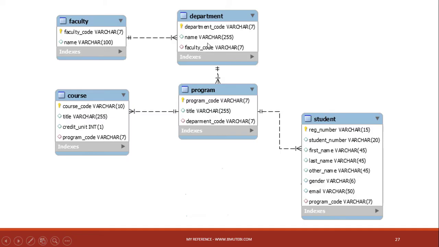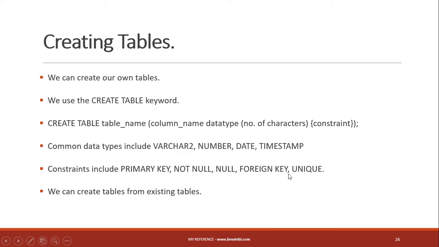For example, I have the Faculty of Computing here, only the Faculty of Computing in this table. Now if I have a department called Department of Marketing, and I'm assigning it a faculty called Faculty of Marketing, we shall get an error simply because we don't have Faculty of Marketing in the faculty table. We only have the Faculty of Computing. So the foreign key is a constraint we use when we are enforcing relationships between or among tables.